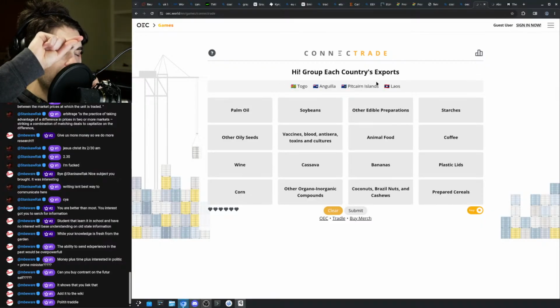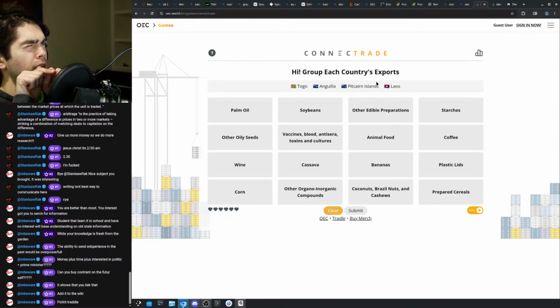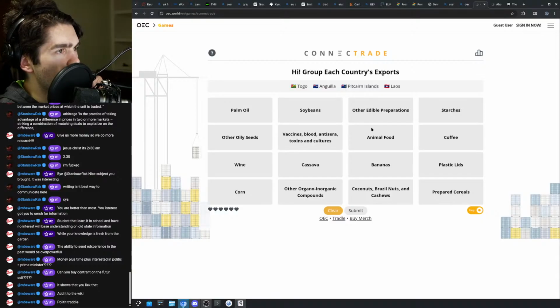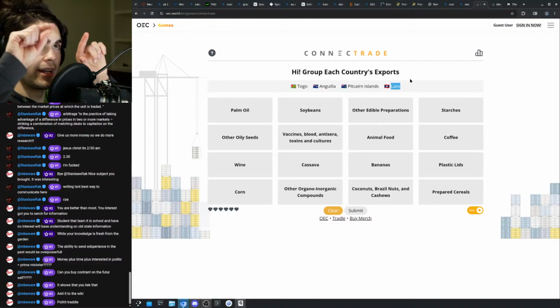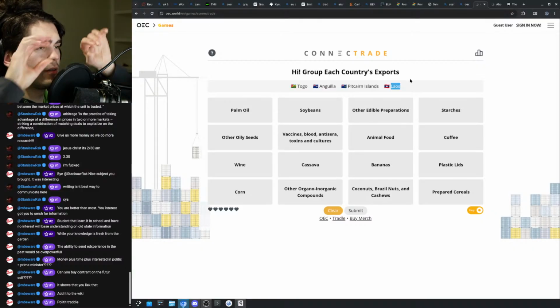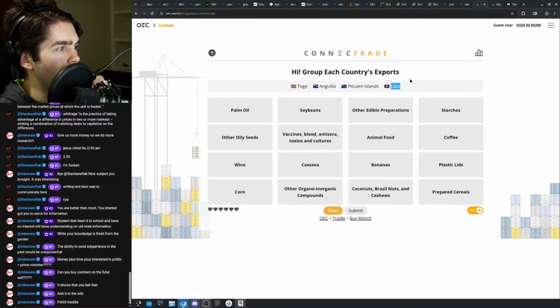Pitcairn Island is an island in the Pacific, to the right of French Polynesia, very small from my knowledge. And Laos is the one to the left of Vietnam, in the northern part.